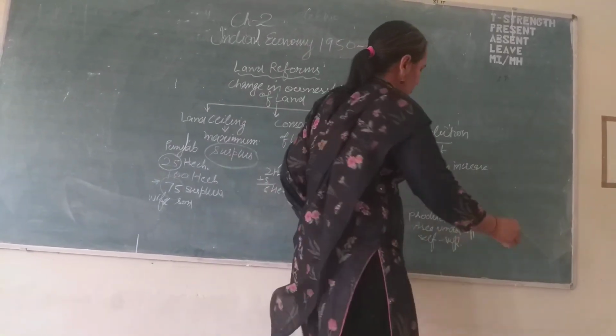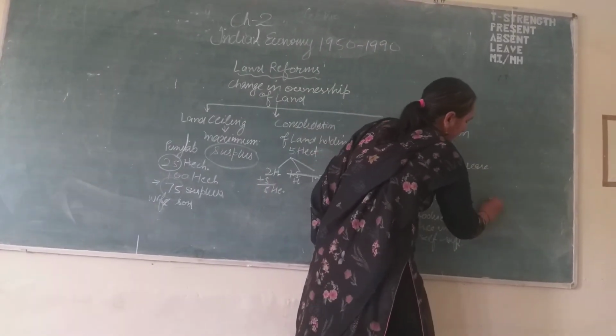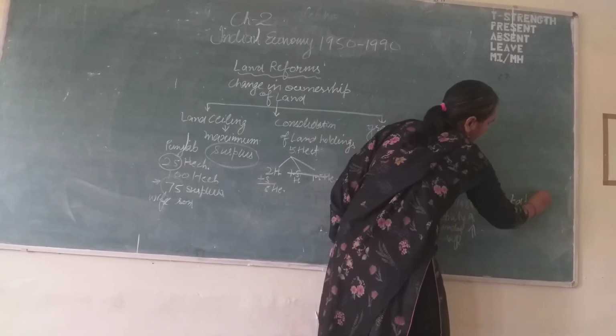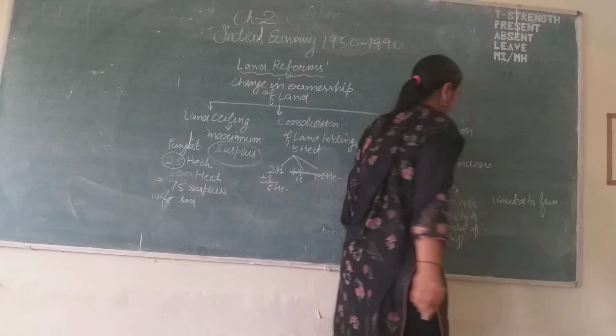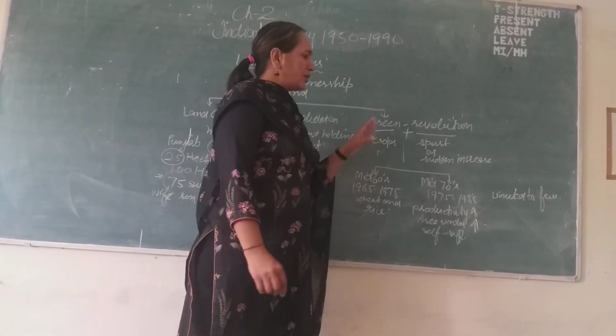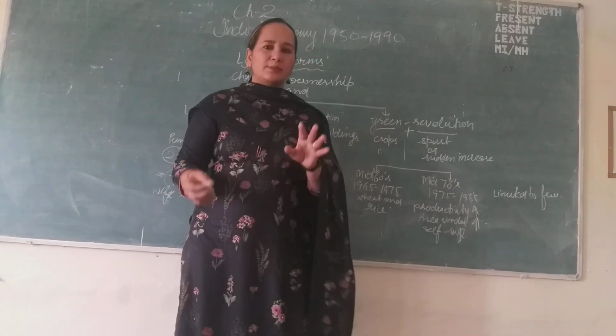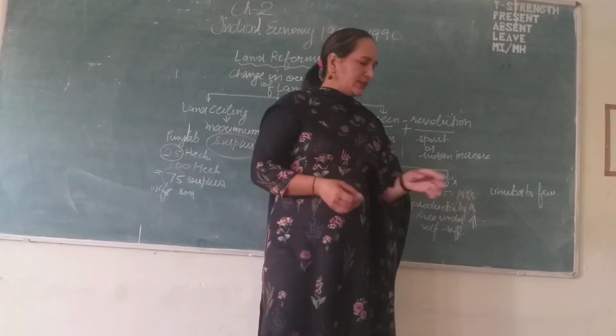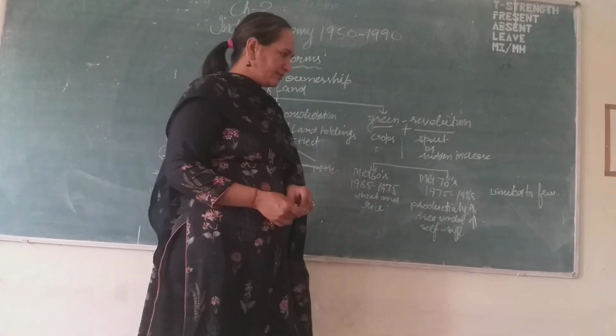But this has certain drawbacks also. It is limited to few crops. Even after completion of its second phase, it has not covered all the crops like spices, pulses. Area under pulses has reduced, as it is covered by wheat and rice.